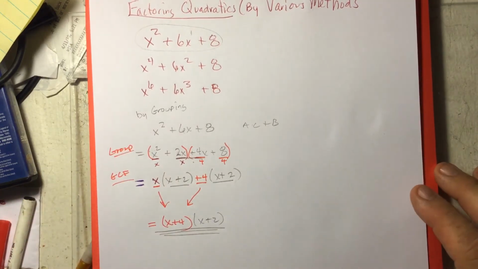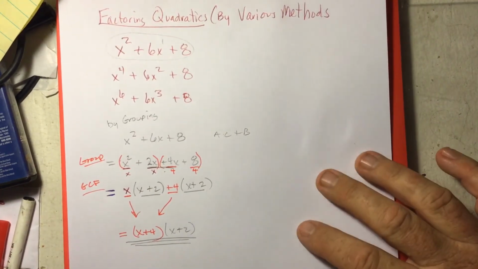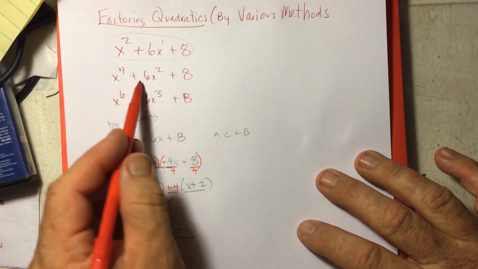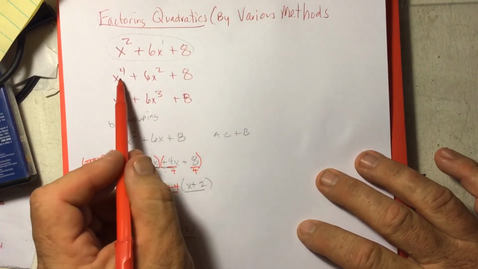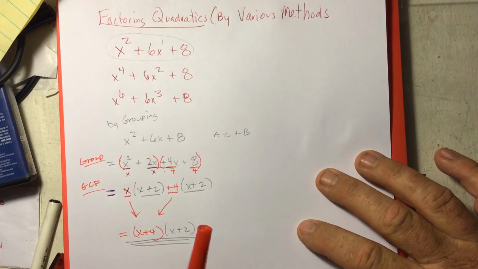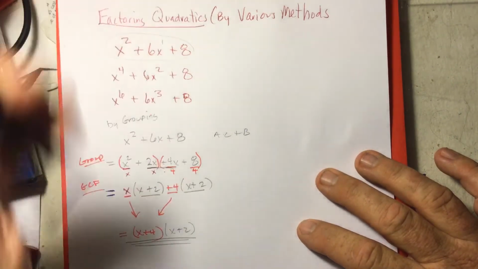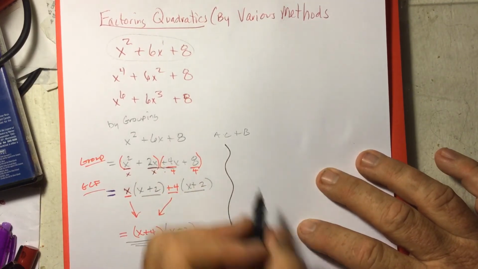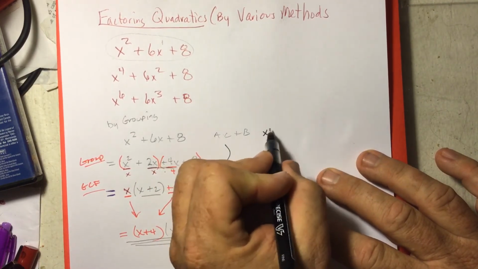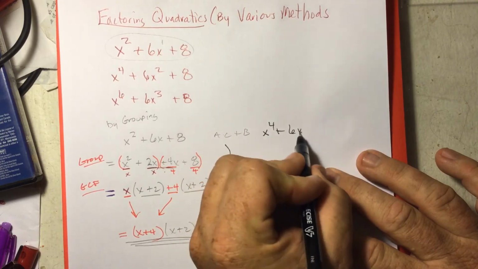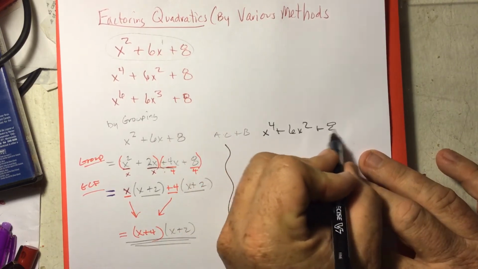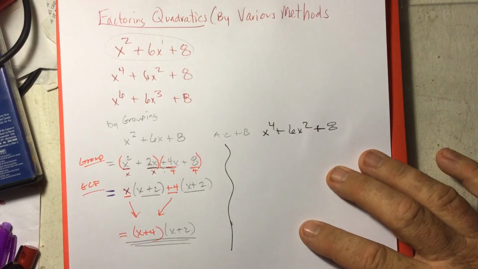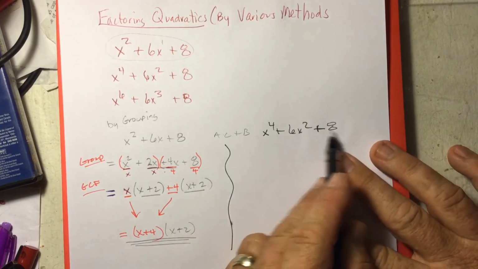Okay, so why am I showing you that? Because it will help you with stuff like this. So let's just look at this one here, and we're going to change that one a little bit. I have a black pen right here. So now we're going to change it into x to the fourth plus 6x squared plus 8. Well, the same thing happens.